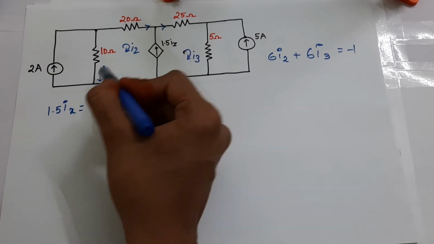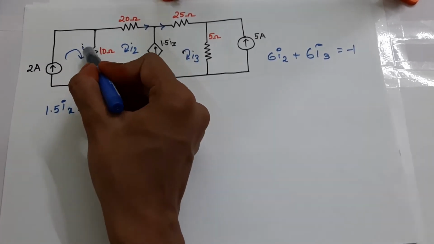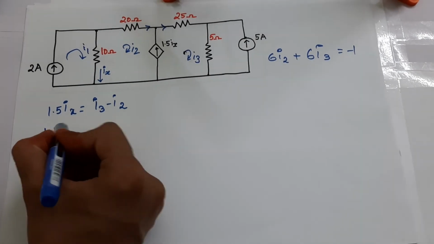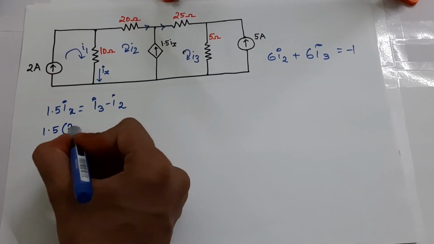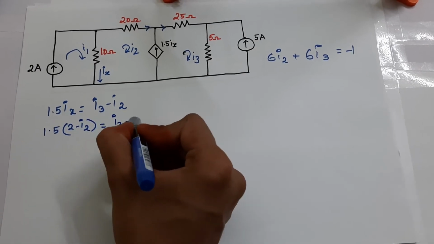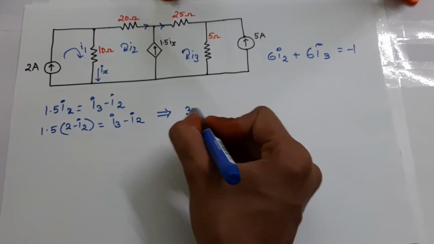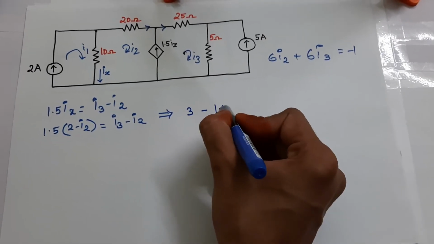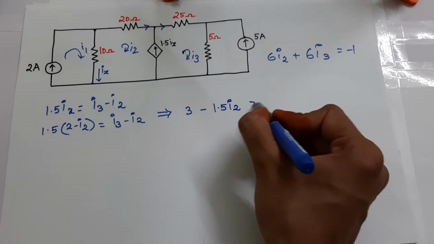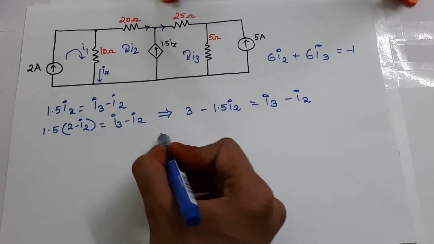And what is Ix? I1 minus I2 is Ix. So this will be 1.5 into (I1 minus I2), where I1 is 2. So 1.5 into (2 minus I2) is the same as I3 minus I2. This implies that 1.5 into 2 is 3, so 3 minus 1.5 I2 is I3 minus I2.